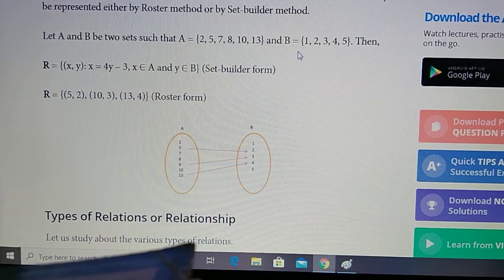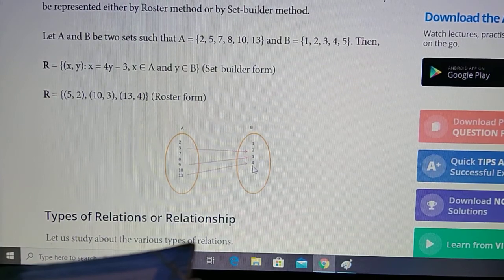But if y is 2, then 2 multiplied by 4 becomes 8, and 8 minus 3 becomes 5. So 2 has a 5. Similarly, for 3, 12 minus 3 becomes 9. So 3 has a 9, or you can say 9 has a relation with 3.